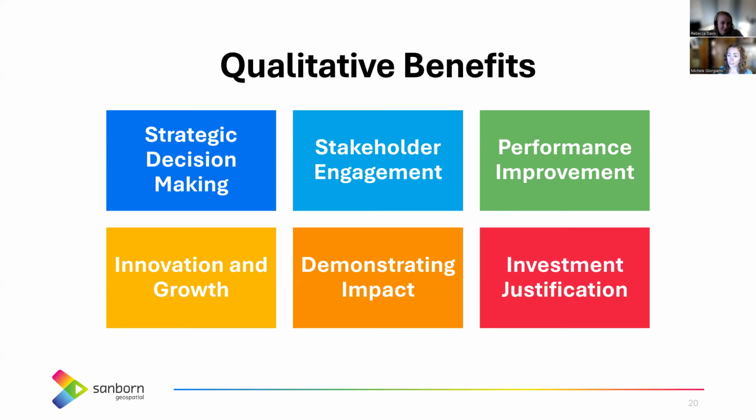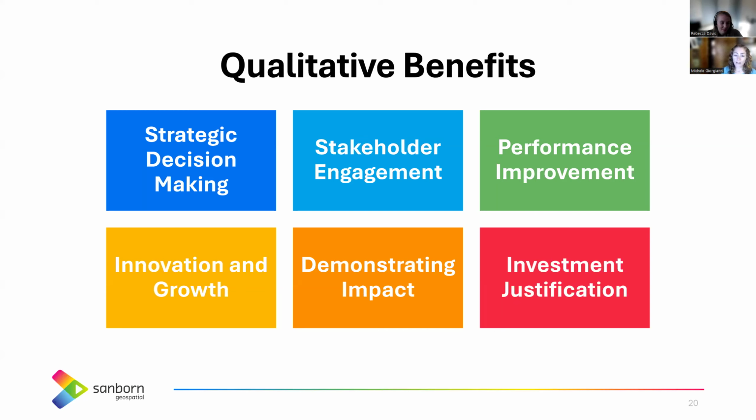So the first is strategic decision making. Qualitative benefits help provide insights into the effectiveness of your initiatives and can help guide decision making. Stakeholder engagement is important too. It can help in communicating the value of the organization's work to stakeholders, and that can support coordination and collaboration.